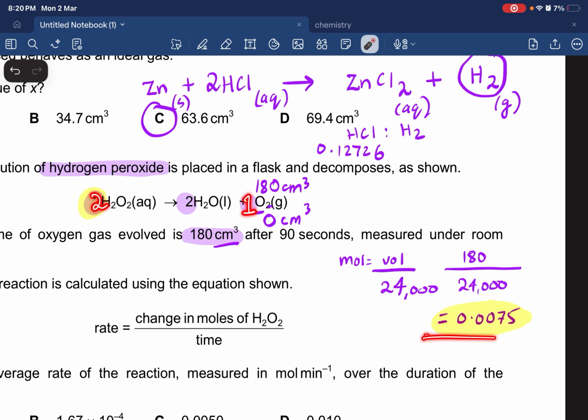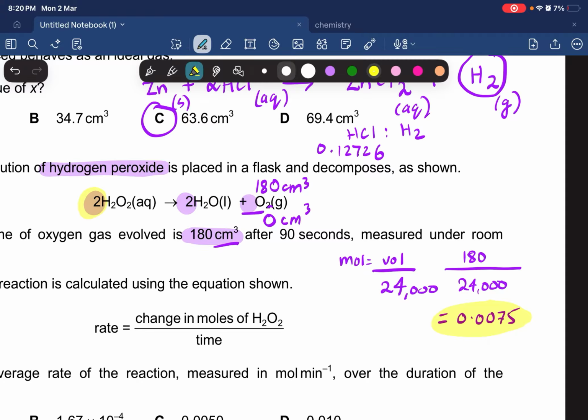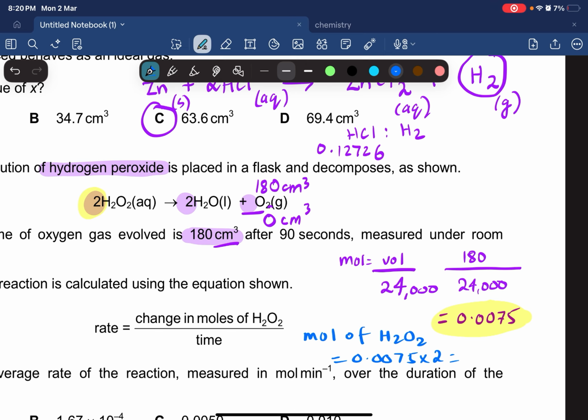So for the moles of H2O2, we multiply this value by 2. 0.0075 times 2 equals 0.015 moles of H2O2.